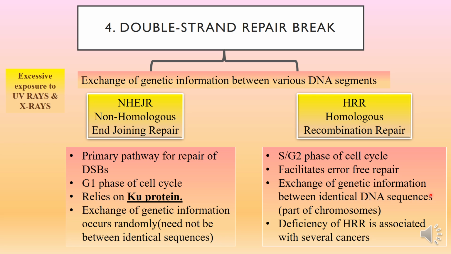There is exchange of genetic information between identical DNA sequences or parts of chromosomes, and this is opposite to the NHEJ mechanism. The deficiency of homologous recombination repair is associated with several tumors like prostate, ovary, breast, lung, etc.